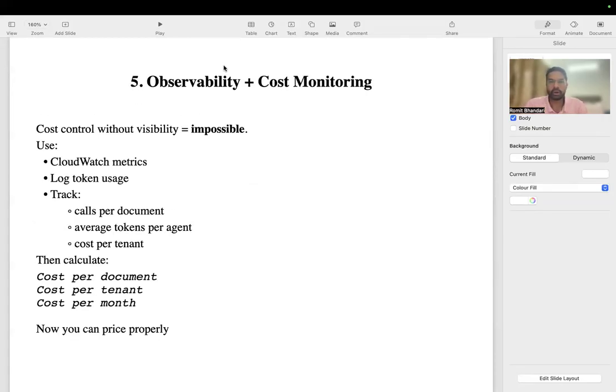And obviously monitoring and observability, it goes without saying that even if you think that you have created a system which is really cost efficient, it's basically a system in progress. So you should always keep on monitoring what is the cost per document, per tenant, maybe per month.